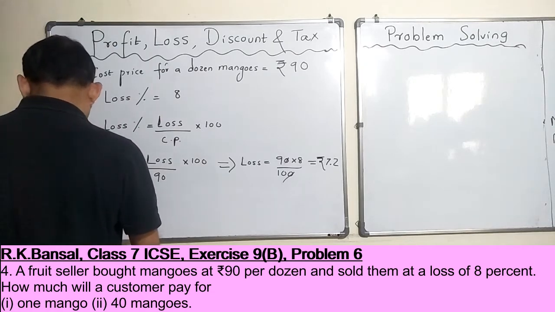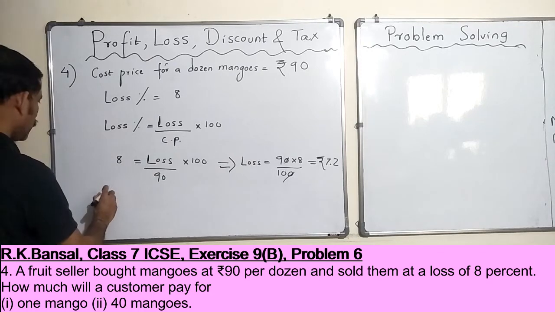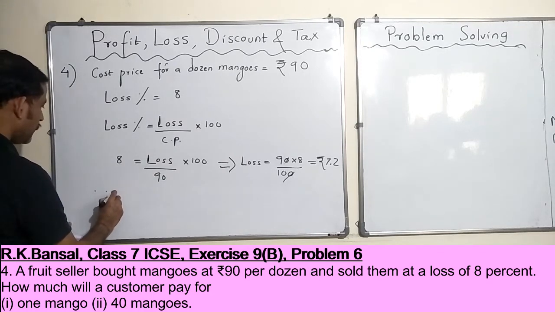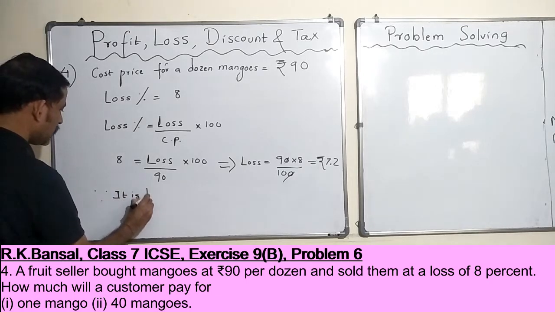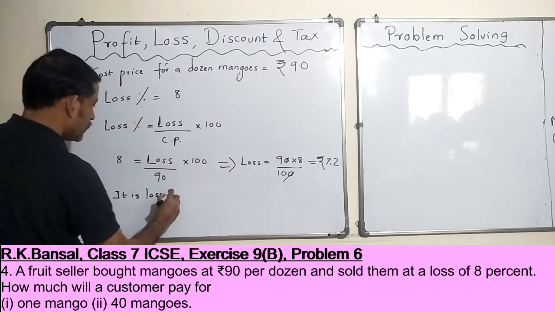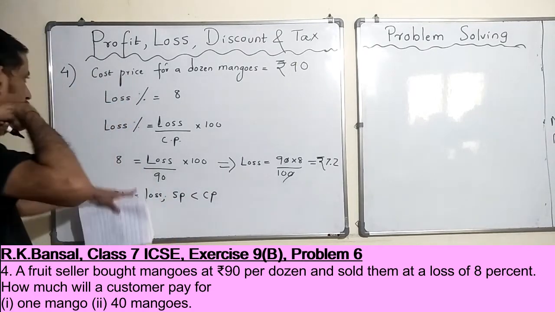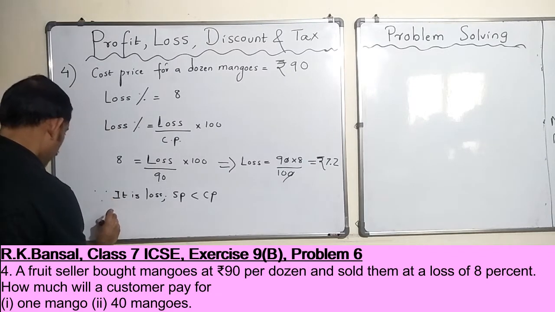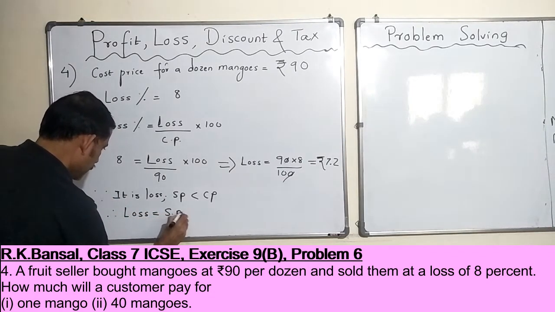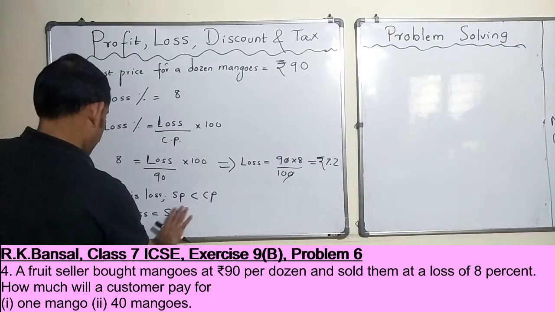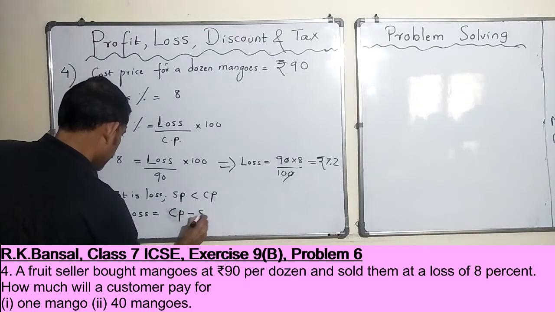Okay, so what is the question? What is the cost of one mango? Okay, so one second. Selling price: since it is a loss, selling price is less than cost price. Correct, no? It's a loss. We already know the loss percentage. Therefore, what is the formula? Loss is equal to CP minus SP. Okay, so CP is more as compared to SP.